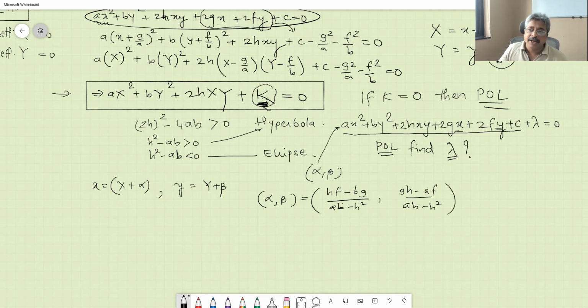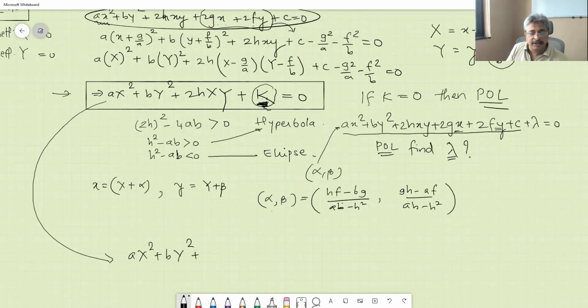So the moment you have a degree 2 equation, you find alpha comma beta, shift the origin to alpha comma beta, and get the equation looking like this: a capital X square plus b capital Y square plus 2h capital X capital Y plus constant is equal to 0.